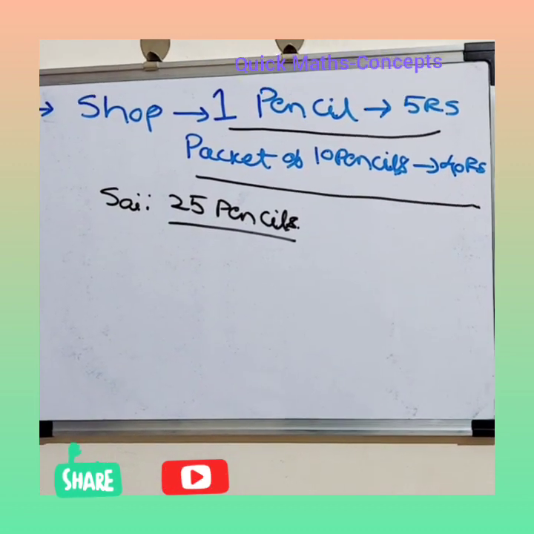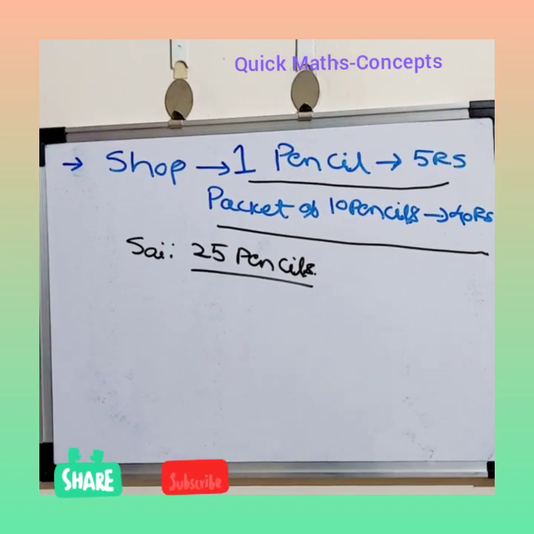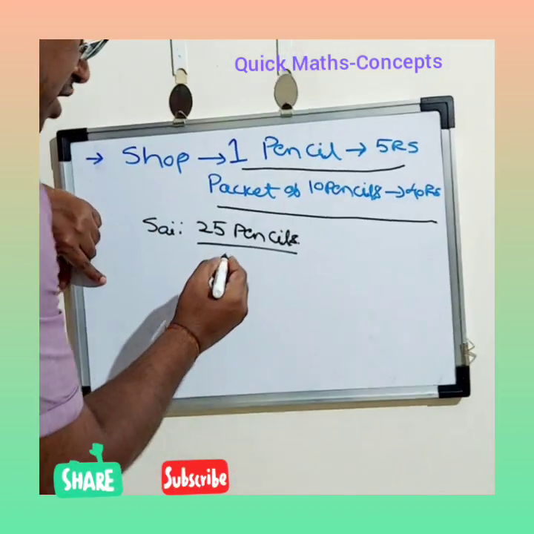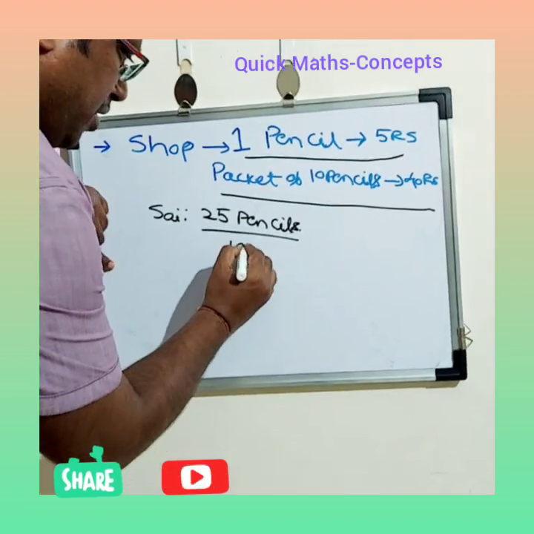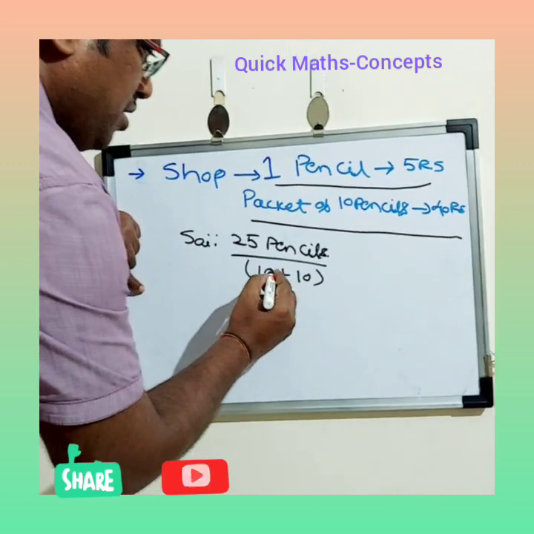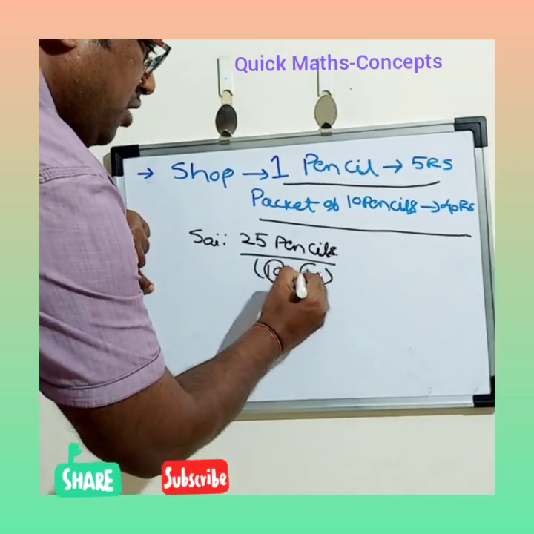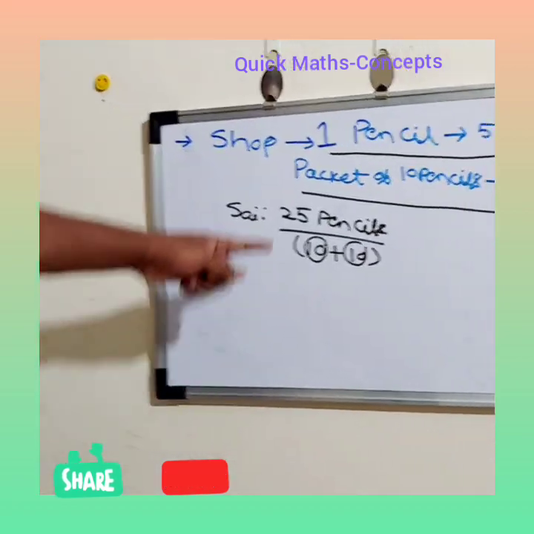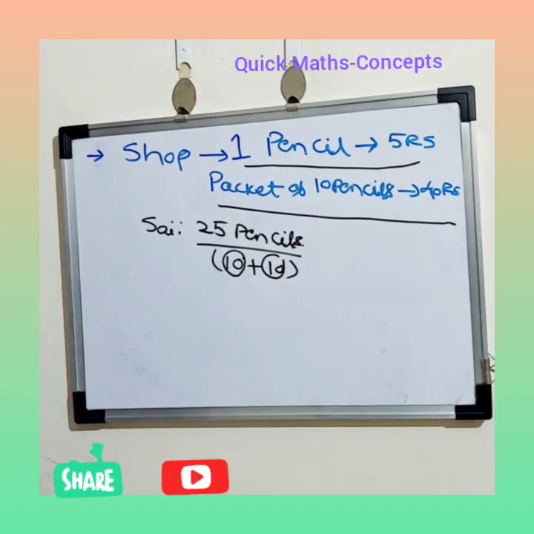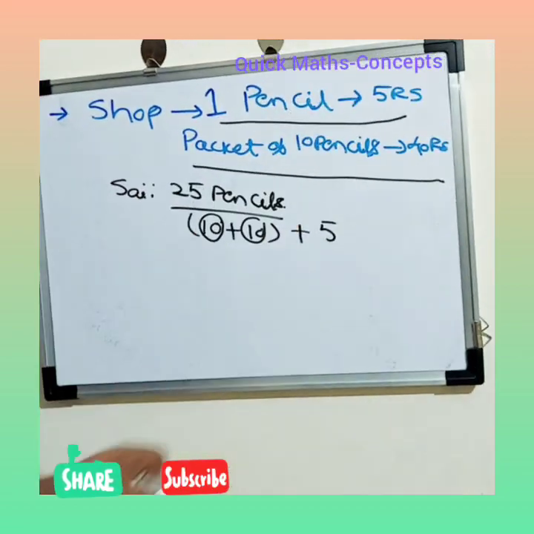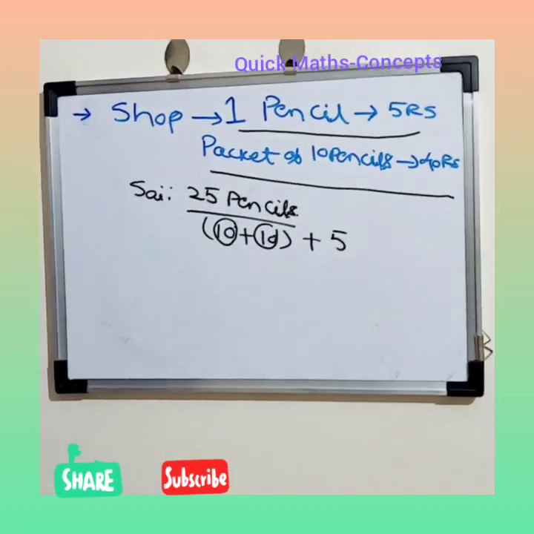Here we need to apply logic. 25 pencils means 10 pencils plus 10 pencils, so the nearest value is bunches of 10. We get two packets of pencils, that is 20, plus the remaining 5 pencils, which he can purchase individually because he wants a total of 25 pencils.